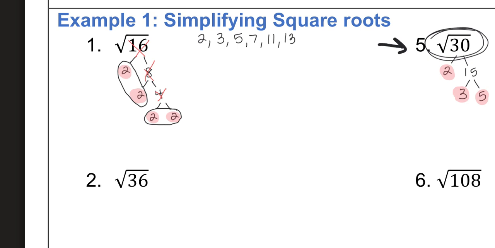So that means for the square root of 16, this pair of 2s over here gives me one 2. This pair of 2s over here gives me another 2. And those are going to be multiplied together. So 2 times 2 gives me 4. And if you check on your calculator, the square root of 16 is 4, and that's why, okay?